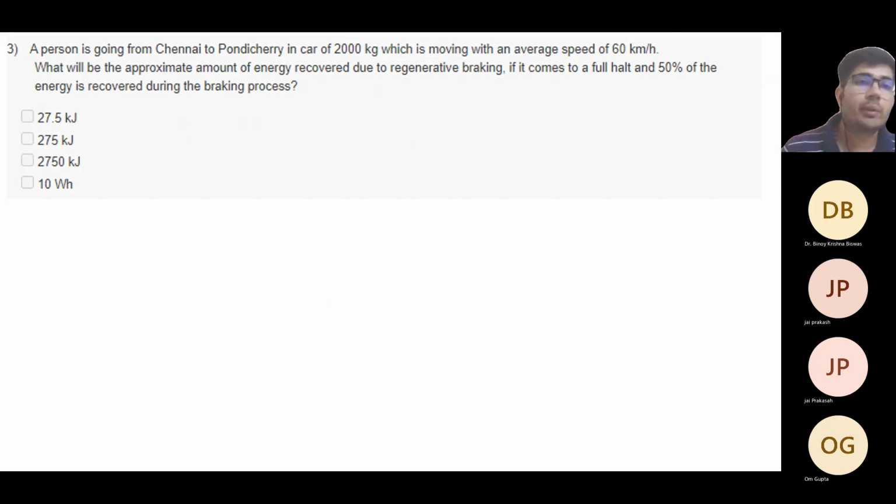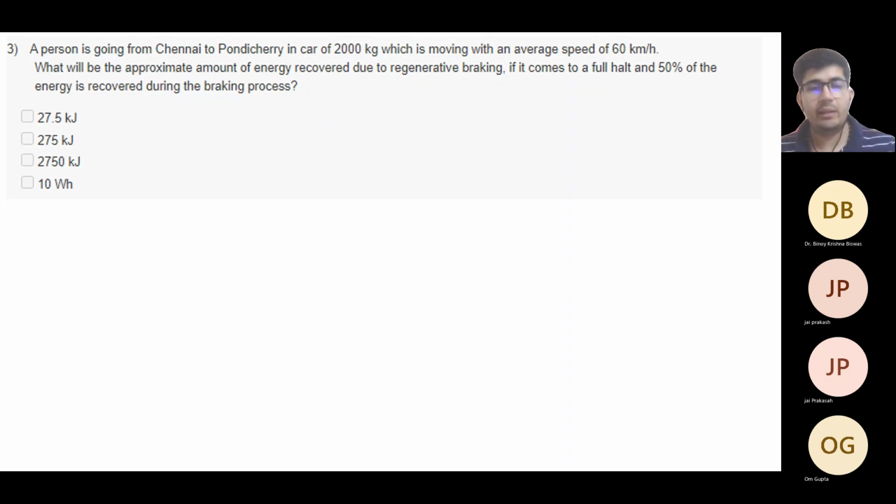Let's come to question number 3. A person is going from Chennai to Pondicherry in a car of 2000 kg, which is moving with an average speed of 60 km per hour. What will be the approximate amount of energy recovered due to regenerative braking, if it comes to a full halt and 50% of the energy is recovered during the braking process?